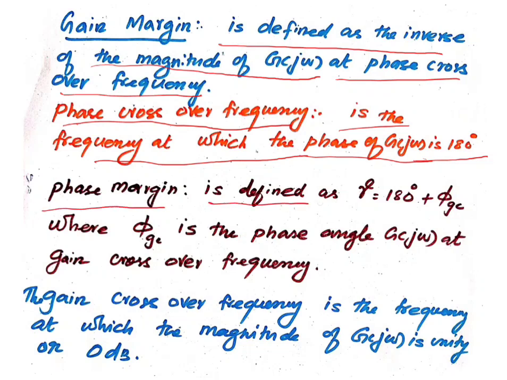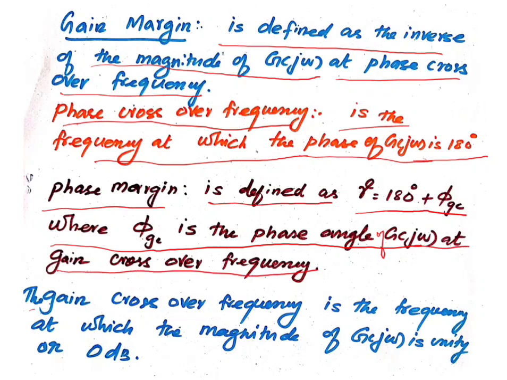Phase margin is defined as gamma equal to 180 degrees plus phi gc, where phi gc is the phase angle of G(j omega) at the gain crossover frequency. The gain crossover frequency is the frequency at which the magnitude of G(j omega) is unity.